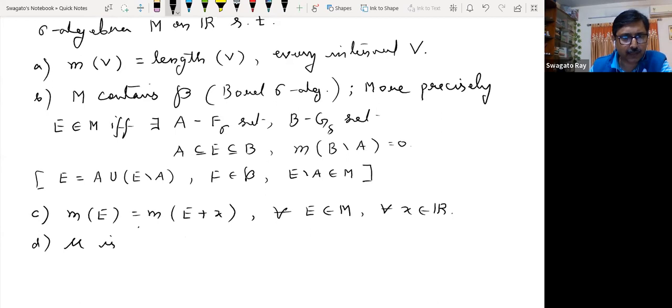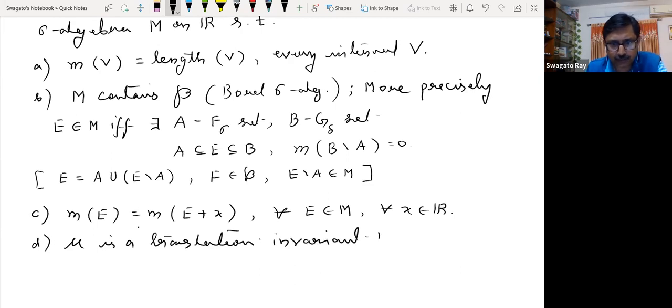Suppose mu is a translation invariant Borel measure.